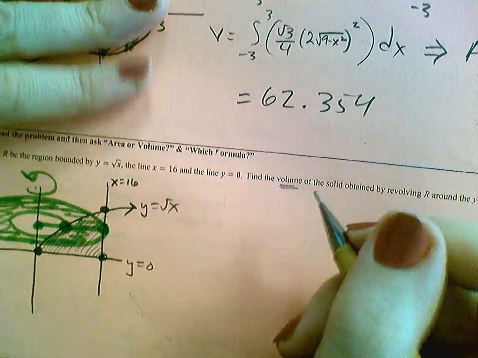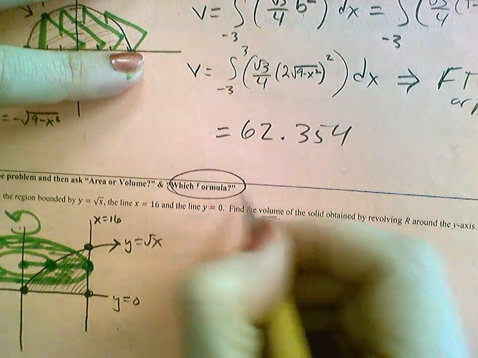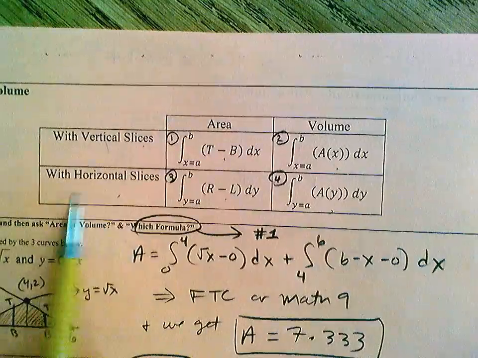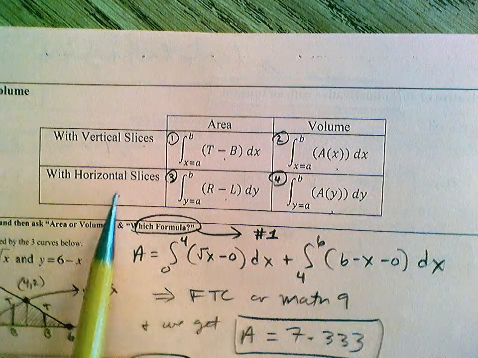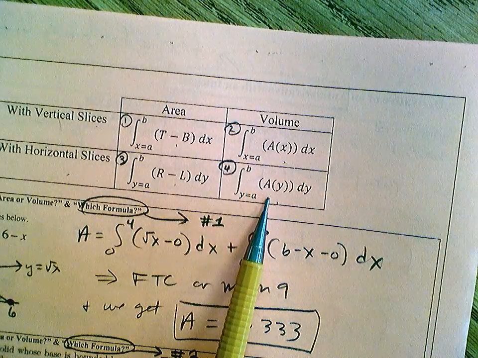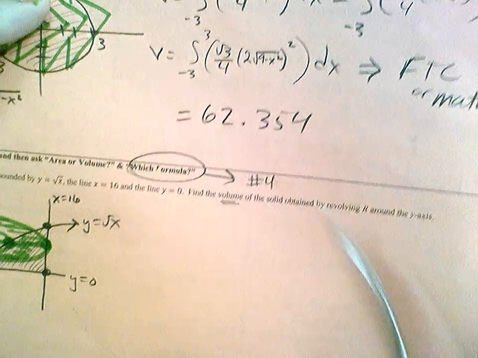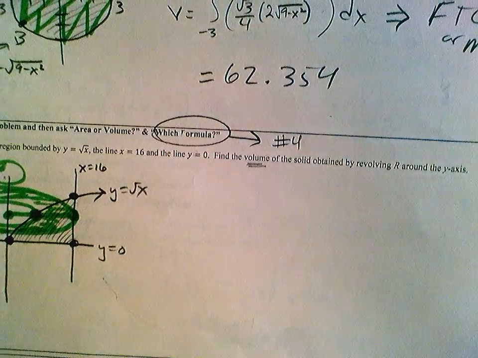Okay, so volume. Which formula? These slices, which are washers, are horizontal slices, so we're using this volume formula here, number 4. So things need to be in terms of y.